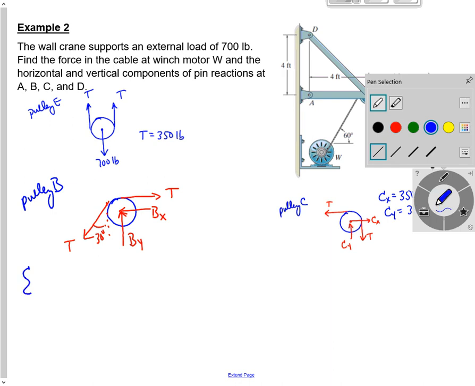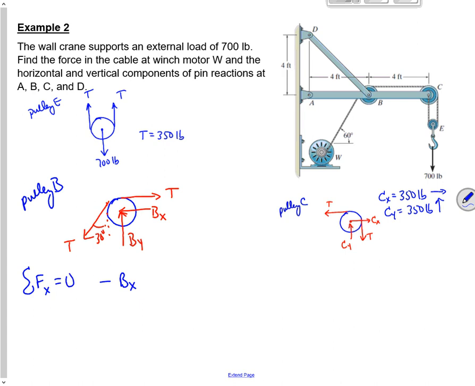So now sum of the forces in X tells me I get minus BX minus 350 pounds times sine of 30 degrees, and then plus 350 pounds equals 0.